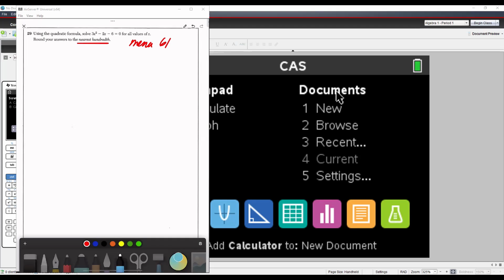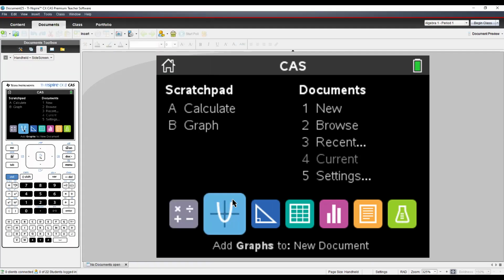So after we fill in the A, B, and C, A is 3, B is -2, C is -6. Then you plug it into the quadratic formula. Once you plug all the numbers in, you take your calculator, graph it, and find the zeros.